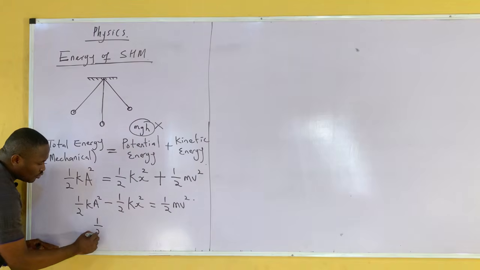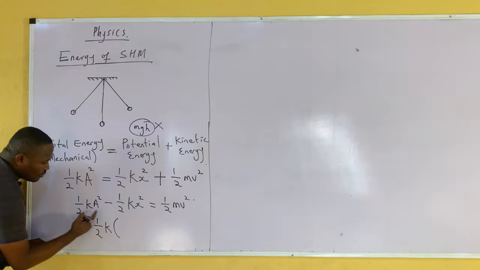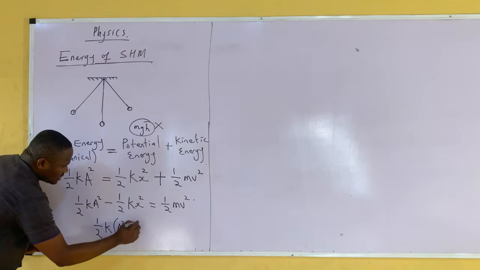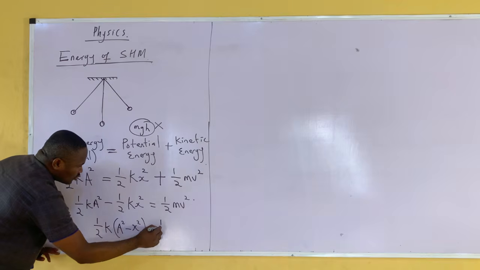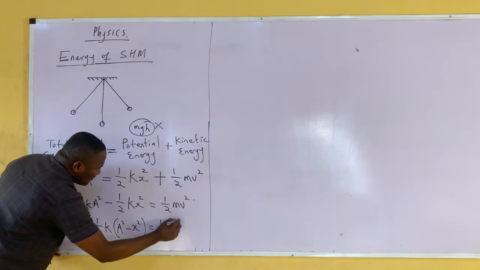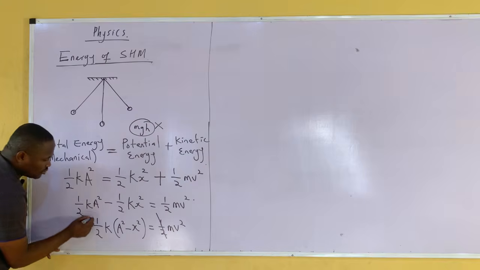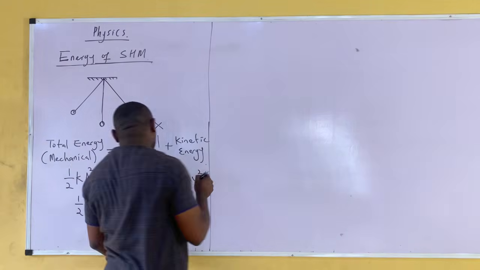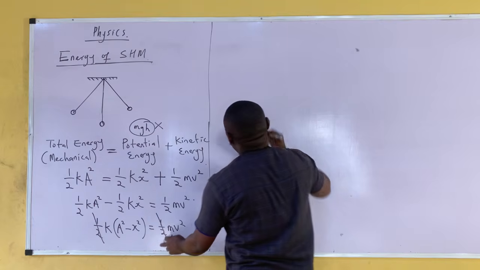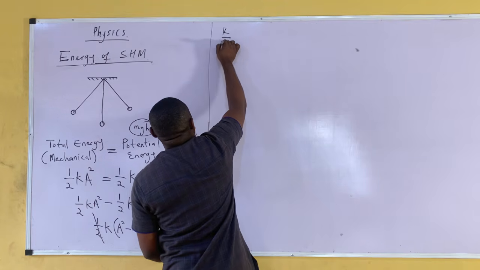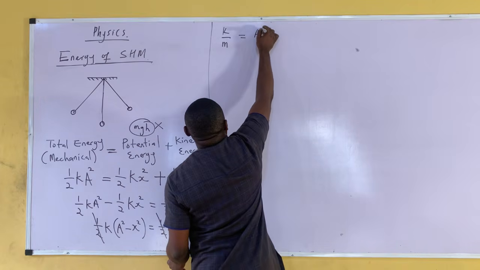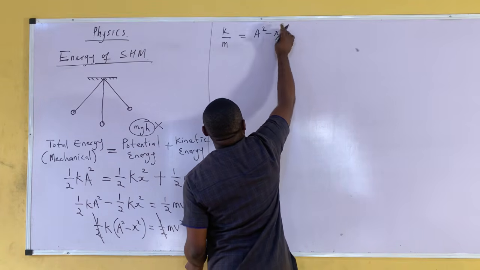So I have 1 over 2 k, open bracket, a square minus s square, is equal to 1 over 2 m v square. 1 over 2 cancels out 1 over 2. I'm now left with k over m, which will now be equal to a square minus s square.